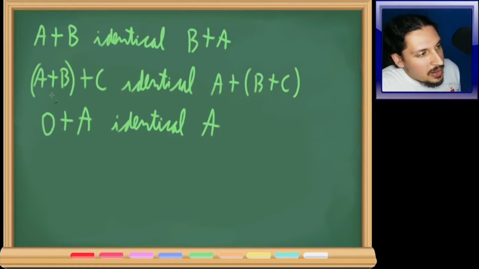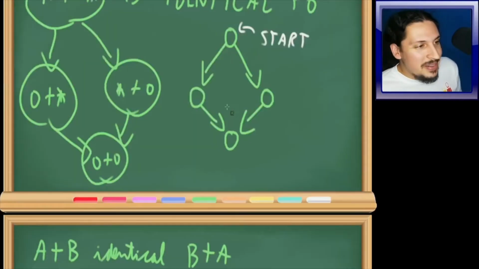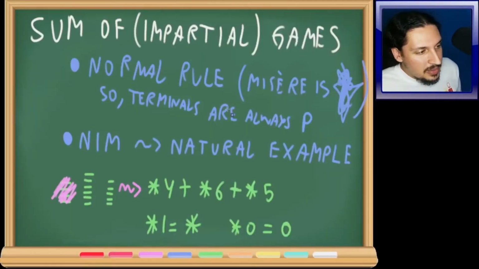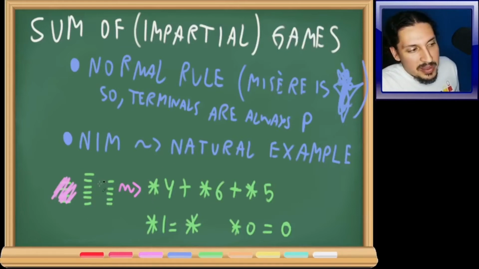And the same holds for A plus B plus C, grouped like this or grouped like this. When you have a sum, it's associative because basically you can say, put all of the games on the table and play in any of them. And that rule is clearly associative and commutative. This is what we think of when we say I sum all of these games: just put them all there and play.